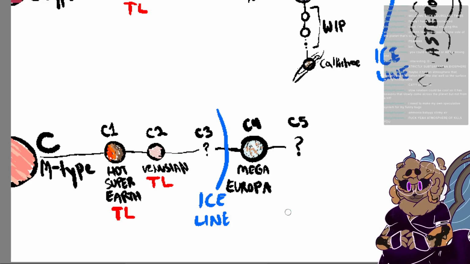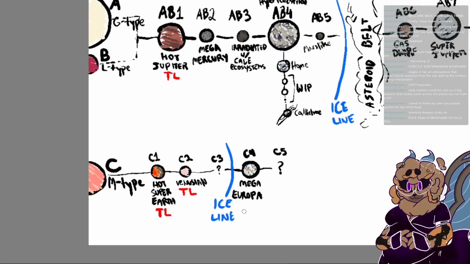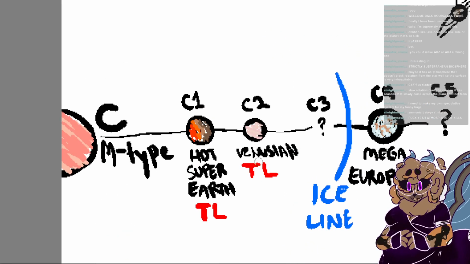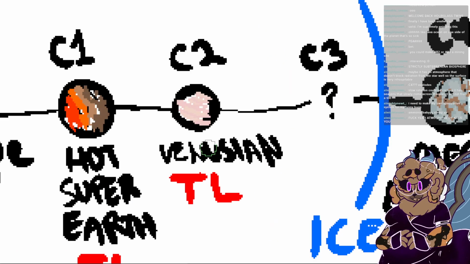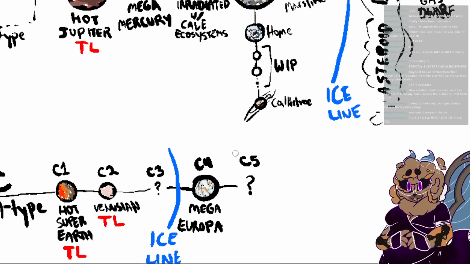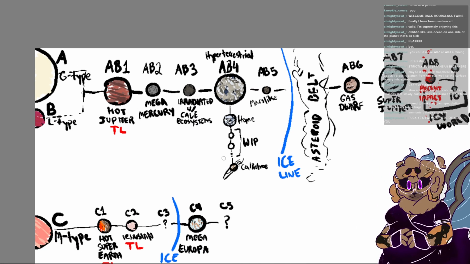Okie dokie. While I am hydrated, I'm still a little bit out of ideas. Cause we've got hot super Earth here, got a Venus-like planet, and then we got 2 empty spots. I'm not sure what to do with those empty spots.